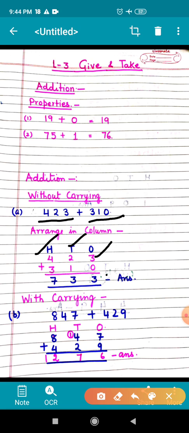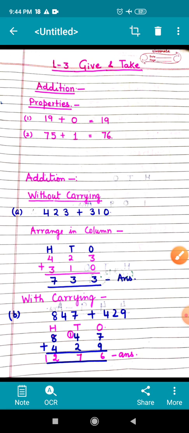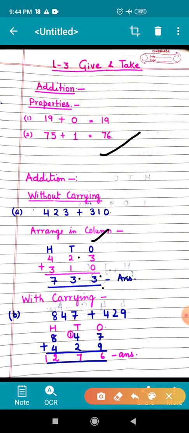After arranging the digits, we will start adding. So we will start adding from the 1's place, 3 and 0. Children, here you will apply the property of addition. 3 plus 0, the answer will come 3. 2 plus 1, what is the property? Property number 2.